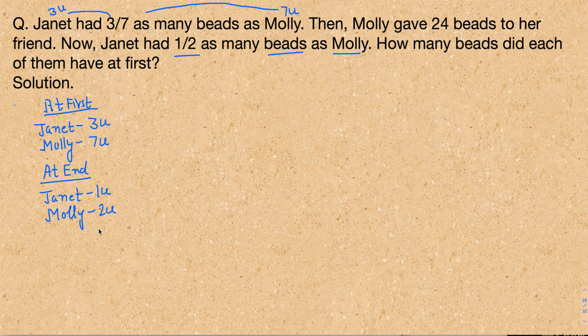Clearly Janet is half of Molly. Now the thing is, it's only Molly who gave 24 beads to her friend. Only her number of beads has changed. Janet didn't give away any of her beads, and no one has given her any beads, or she didn't buy any more beads.